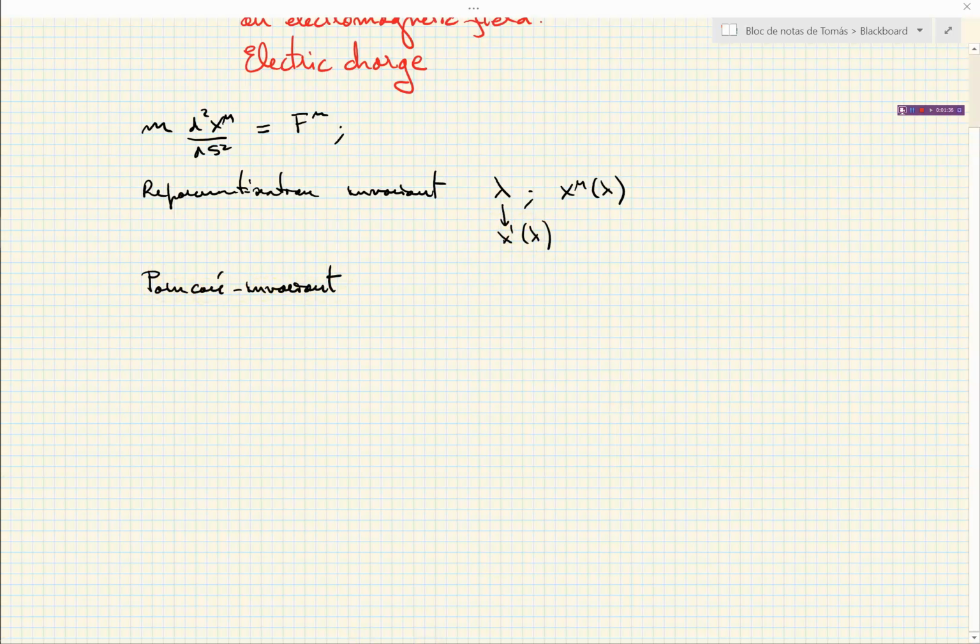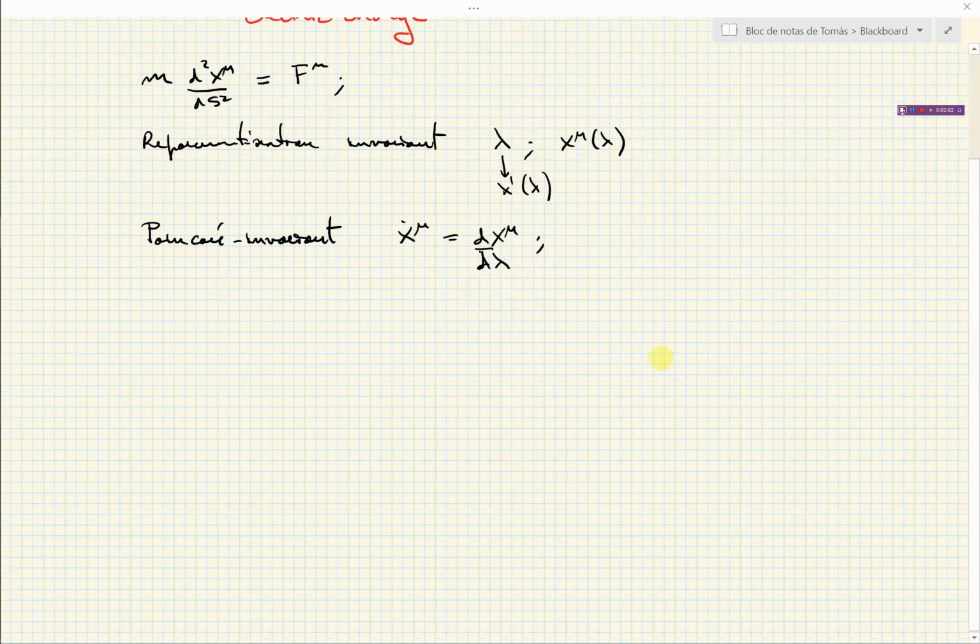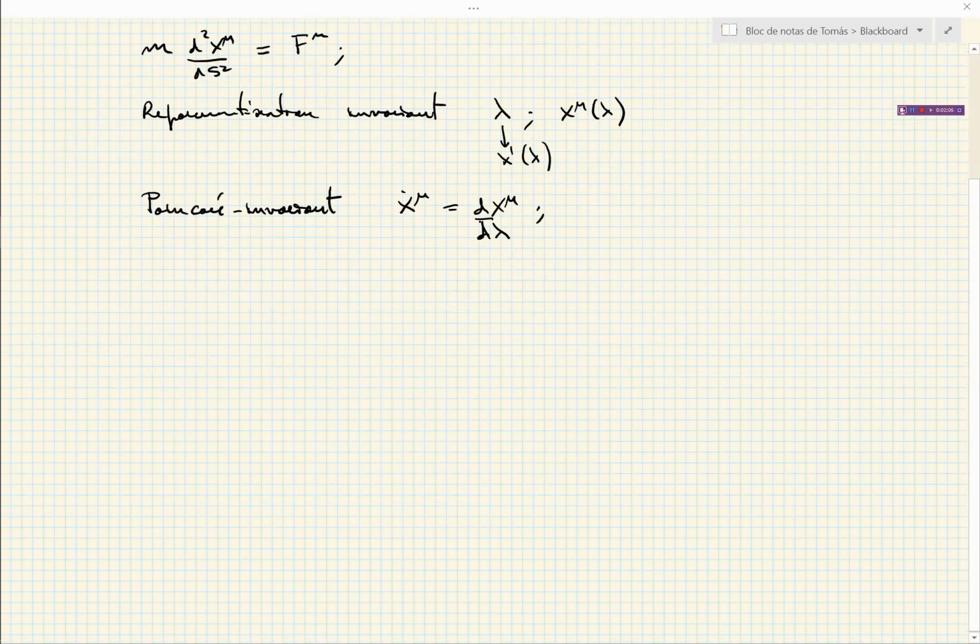Then this already implies that it is much better to consider the coupling in terms of x dot mu, which is d x mu over d lambda, than just x mu, because x mu is shifted by space-time translations, while x dot mu transforms really as a vector.